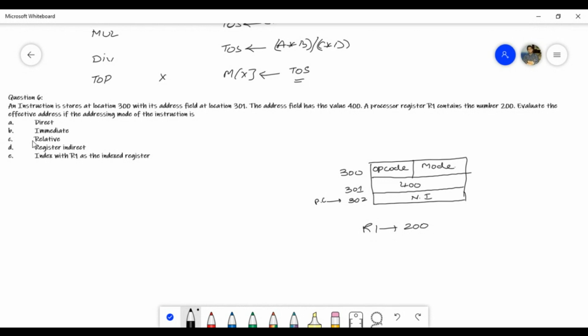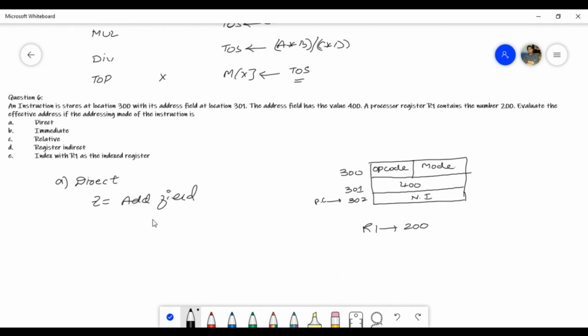So first calculate the direct address. Direct address is, suppose, Z, which is the address field.